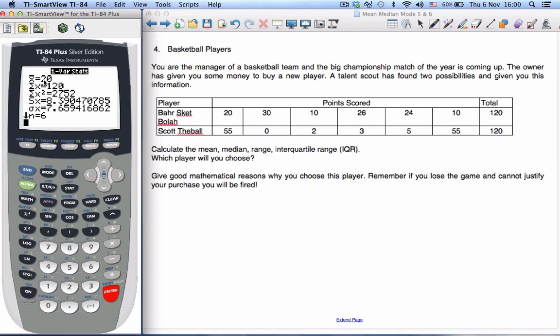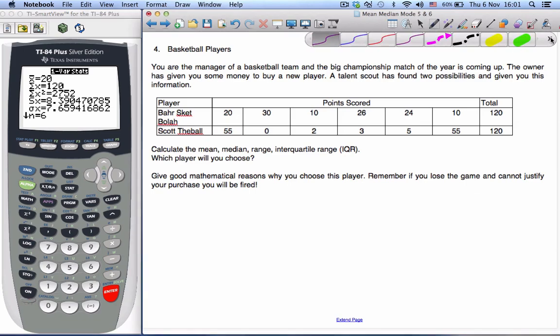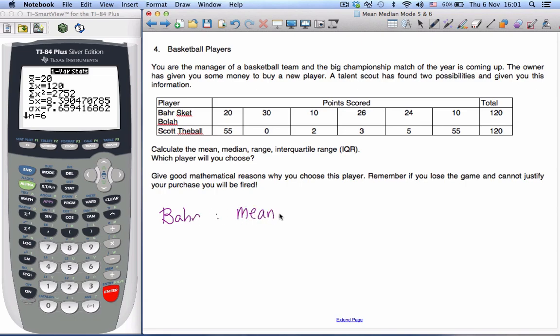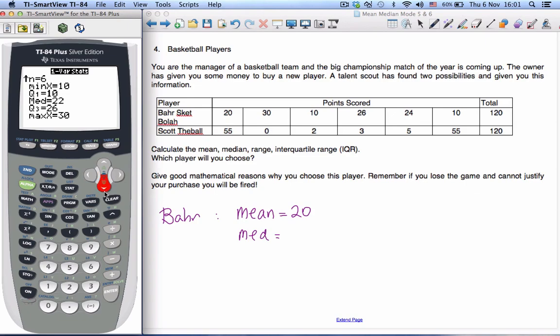So here, as you can see, the mean is 20. For the basketballer, I'll just write x bar, mean is 20, but we knew that already. The median is 22.